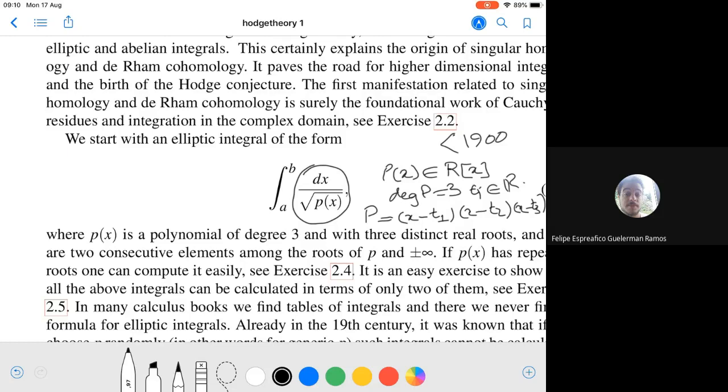So if you take the x-plane and the y-plane, and then you have t1, t2, t3, you define the function y equal to the square root of p(x).